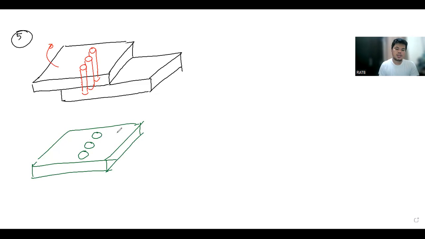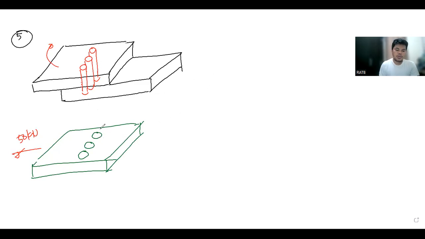By the way, the force is 50 kilonewtons. If we ask for the bearing stress, we need to take a look at the projected area.